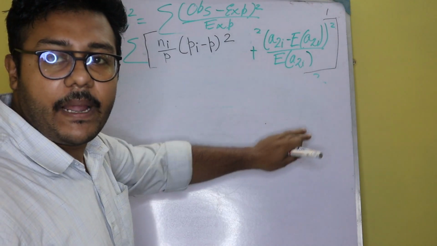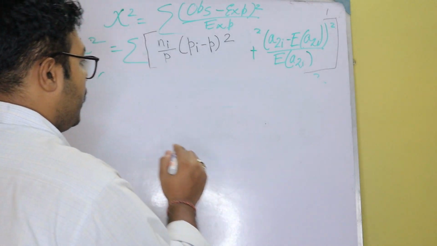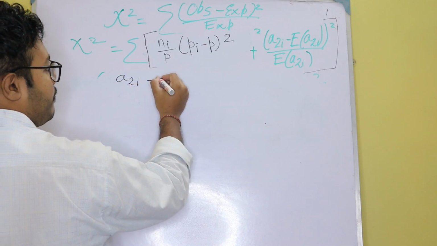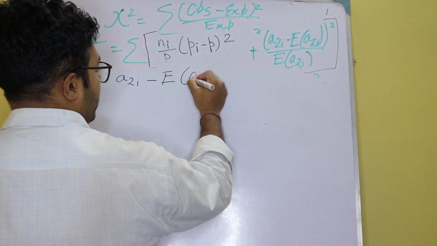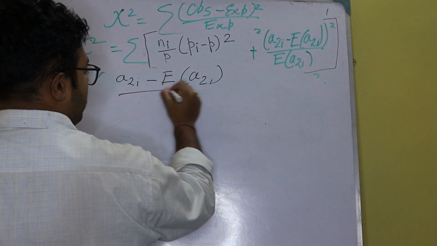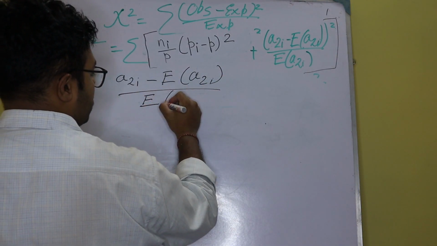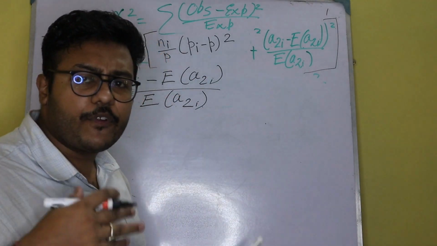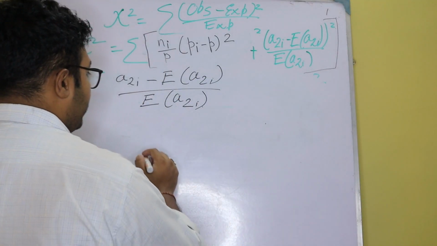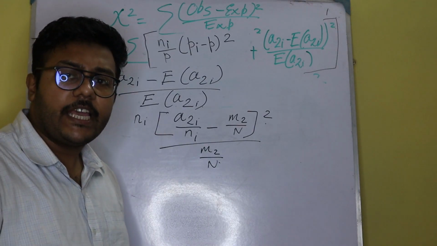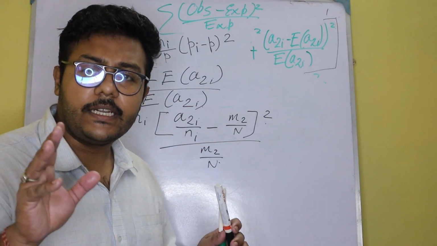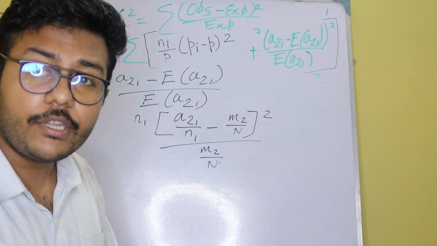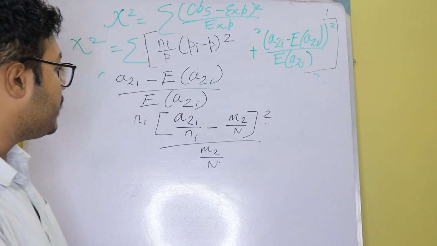Coming to the second part, what we get is (a of 2i minus e of a of 2i) whole square by e of a of 2i. Now if we proceed in a similar manner, this is the expression we will get. Now there was also a q term, I have shown you before. What is this q term?